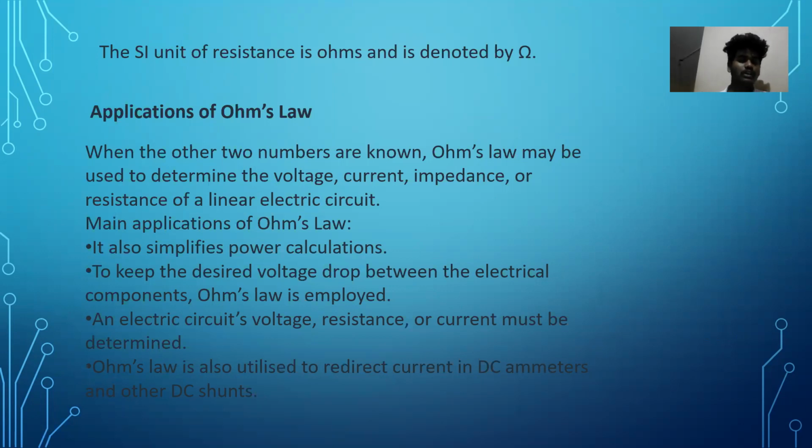The next point is to keep the desired voltage drop between electrical components. Ohm's law is employed when the voltage and resistance of a current must be determined in an electric circuit. The next point is Ohm's law is also utilized to redirect current in DC ammeters and DC shunts.